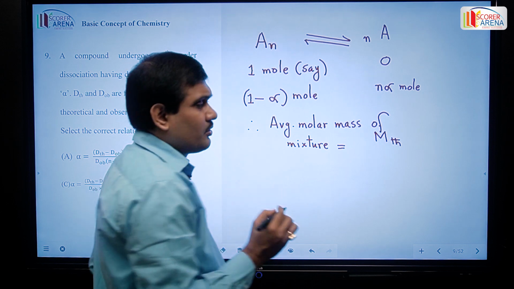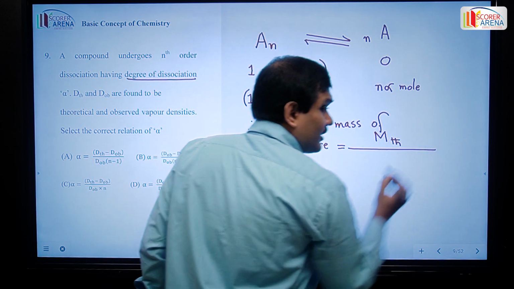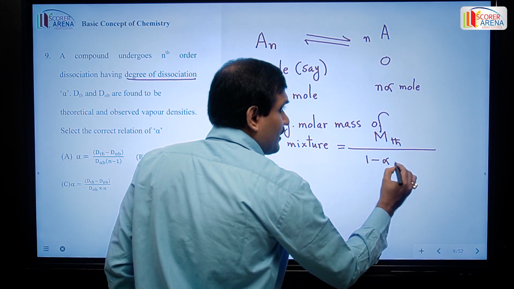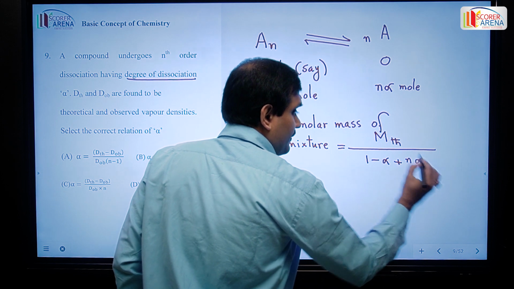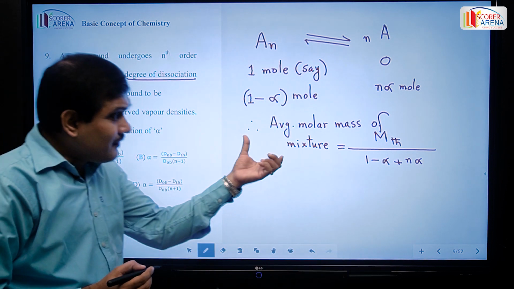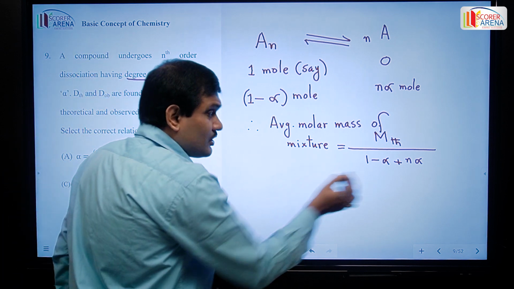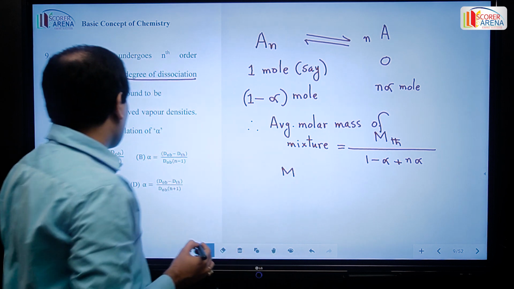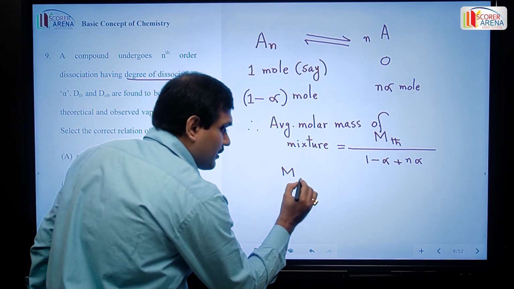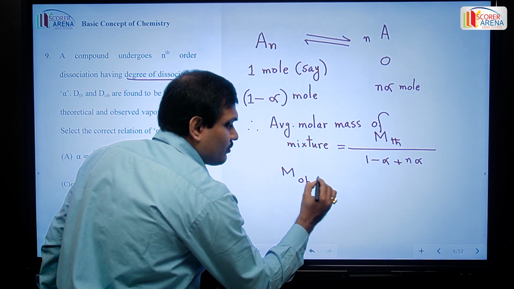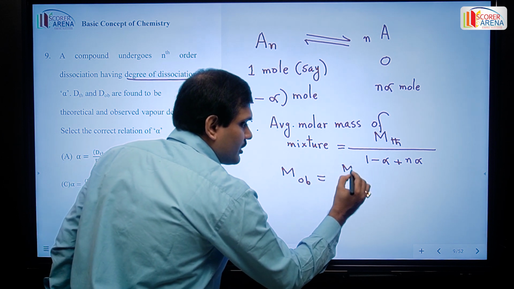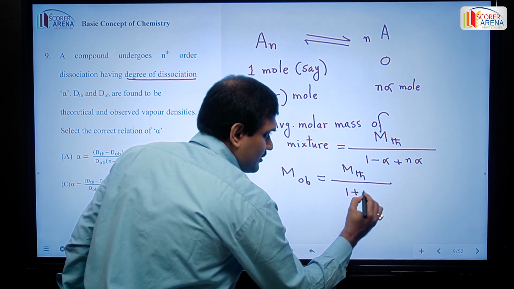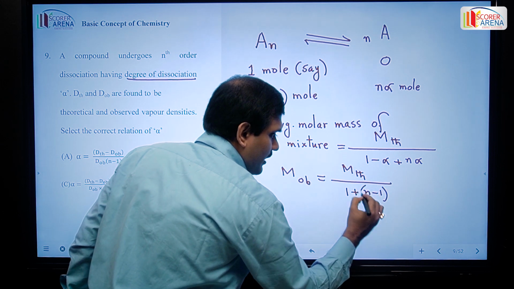It is the theoretical molar mass divided by the total number of moles, 1 minus alpha plus n alpha. And by the problem, this average molar mass, the observed molar mass, M observed, will be equal to M theoretical by 1 plus n minus 1 into alpha.